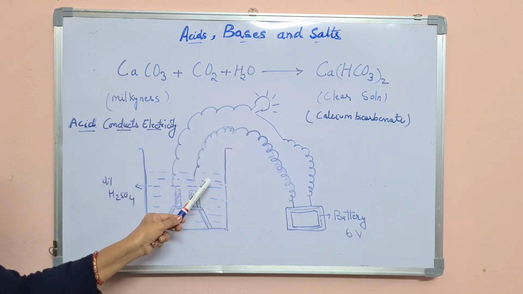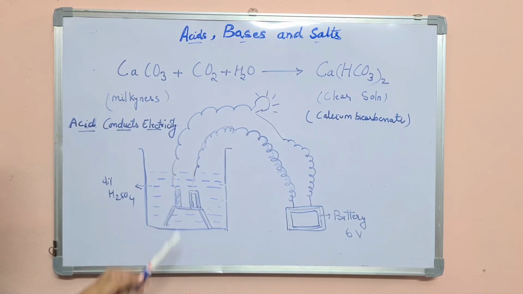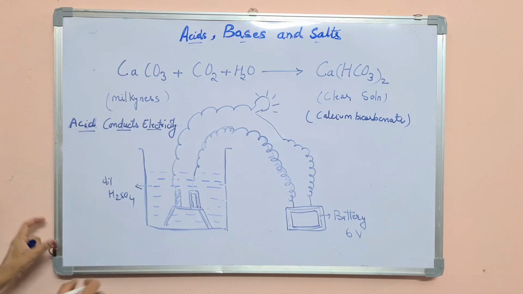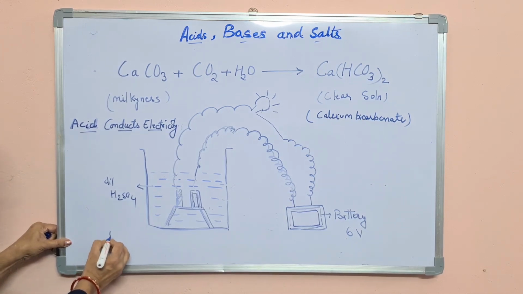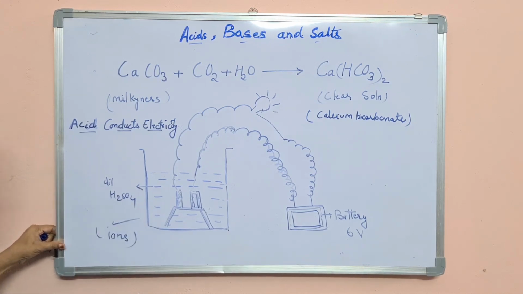It means that through this solution, these conducting wires and the electrodes are carrying current. It means acid conducts electricity, and the conduction of electricity is because of the presence of ions. Remember this: it is because of the presence of ions.